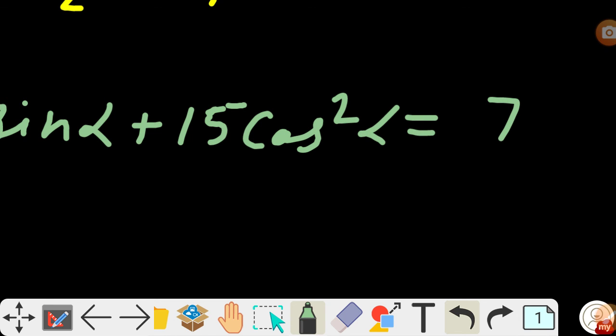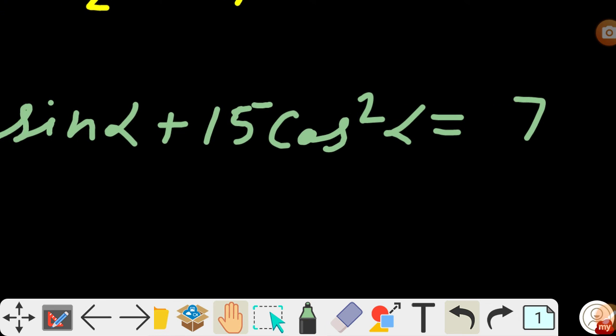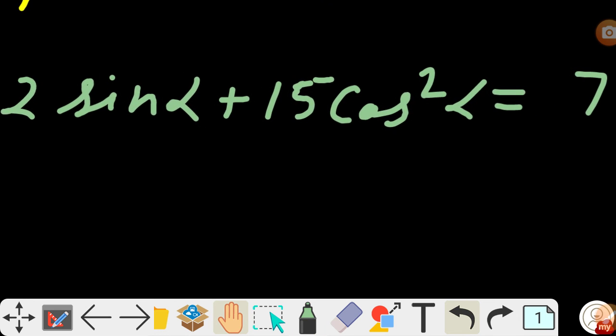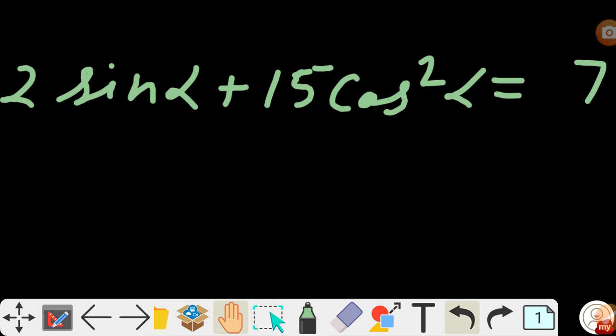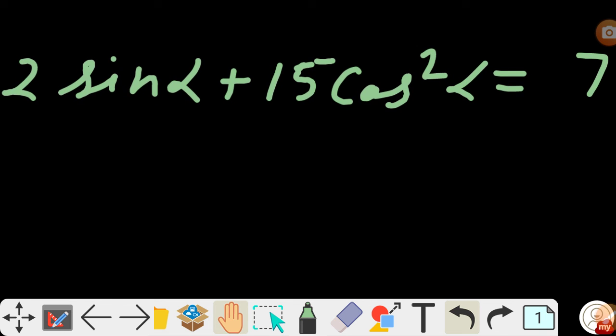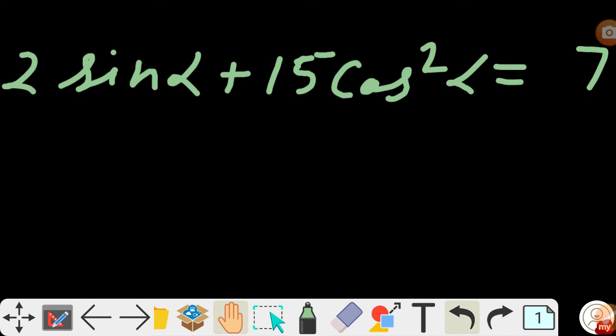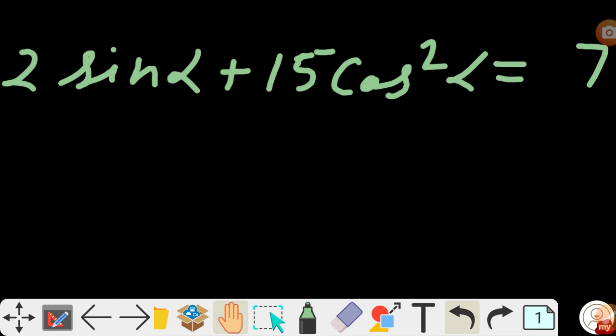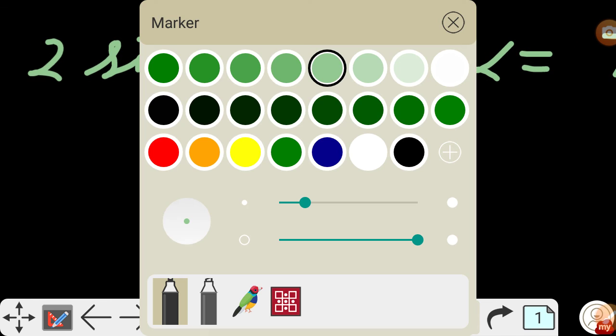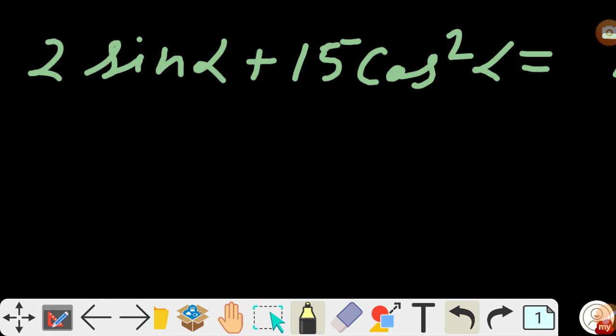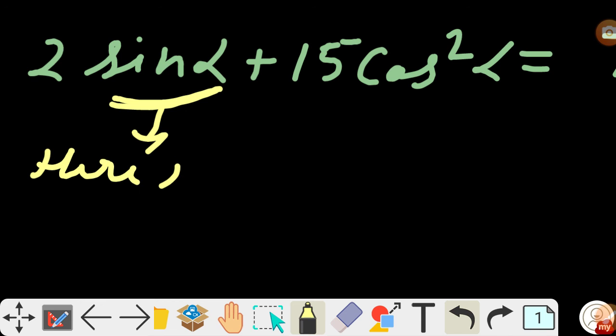So if the question is this type, here you can see what the condition in that question is. The first condition in this kind of question is that for sin alpha, a root should not become here.